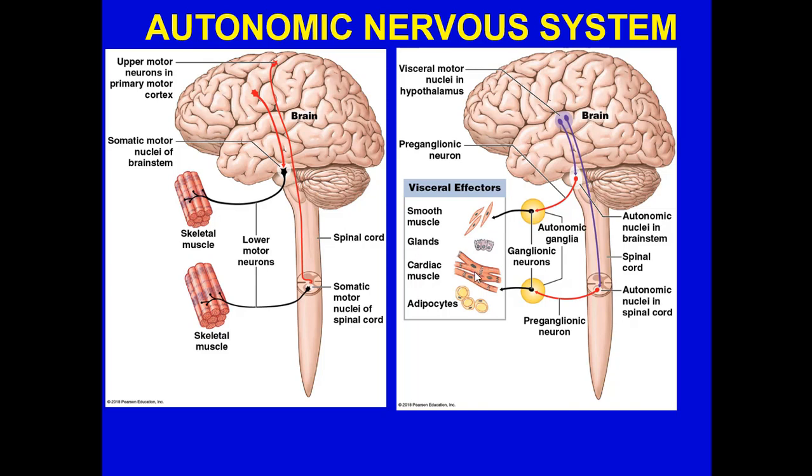They may affect the cardiac function, and we're talking about cardiac muscle tissue, or the adipocytes, those cells that really store a lot of lipids and may have to be releasing it.